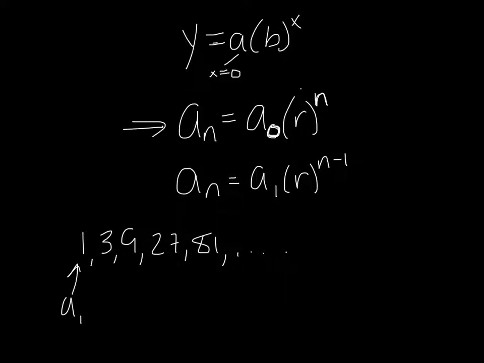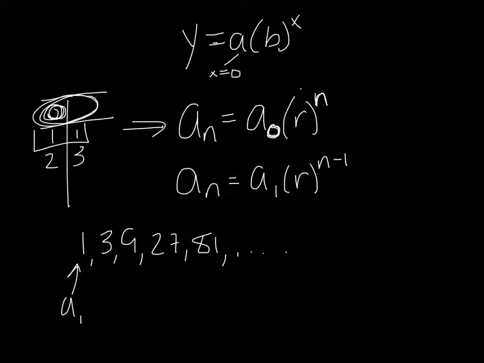So instead we use a sub 1, meaning if we were looking at our table, normally we want to know when x is 0, but now we don't have this one right here. We don't have our a sub 0, so we don't really want to create an a sub 0.